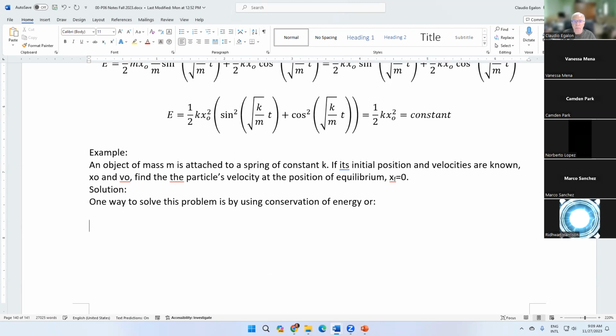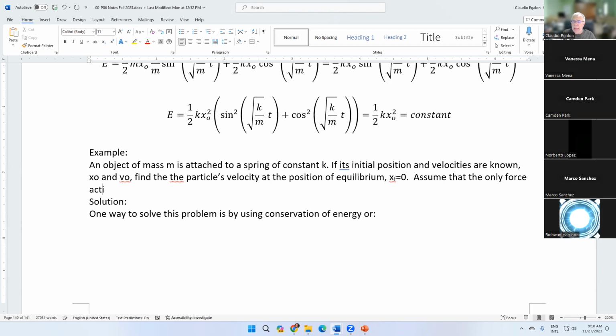Assume that, if its initial position and velocity are known, assume that the only force acting on the mass is the elastic force.